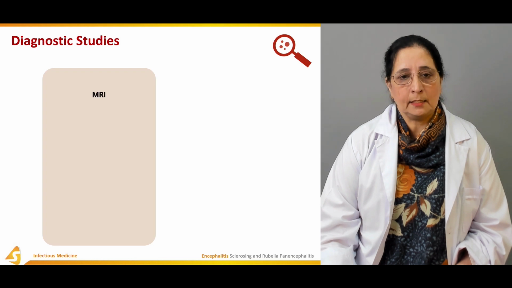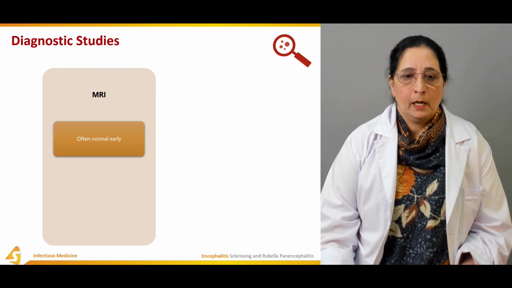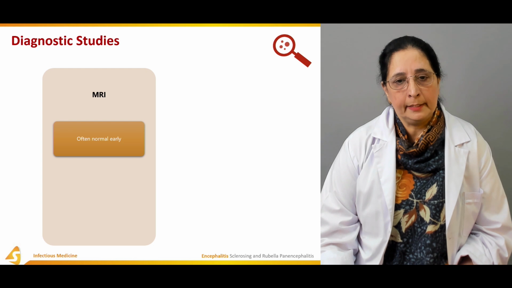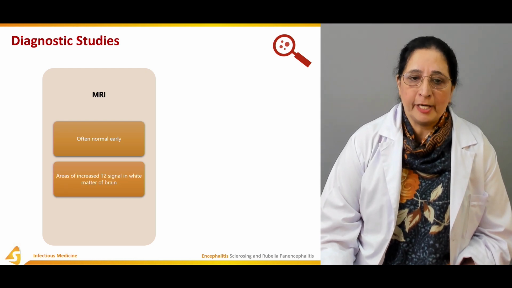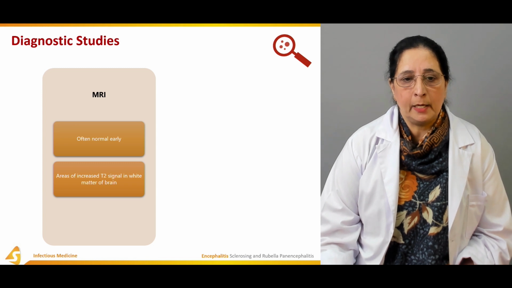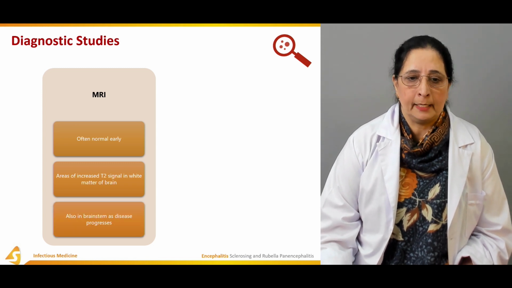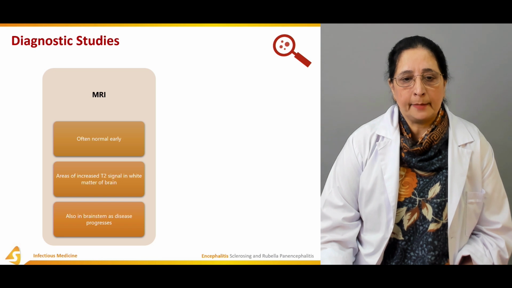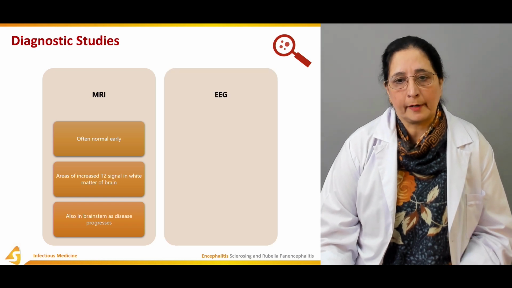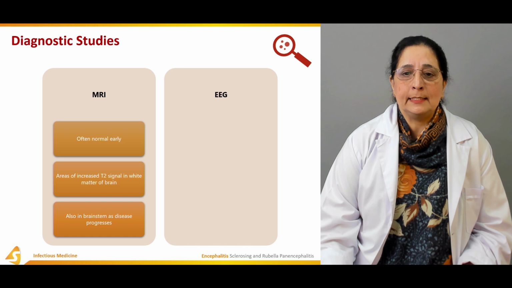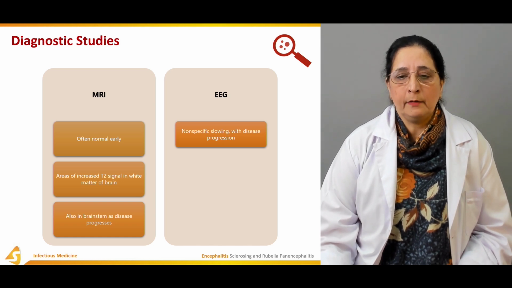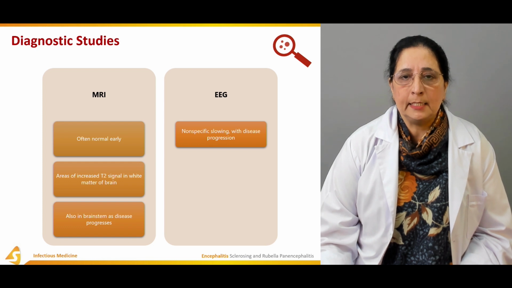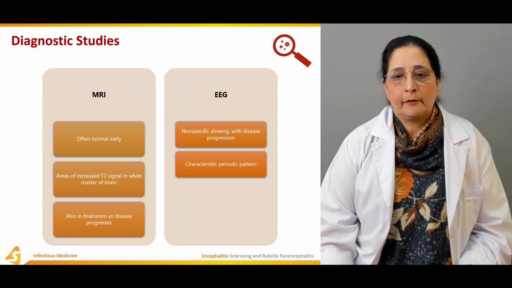Diagnostic studies are MRI, which is often normal in the early stage. Areas of increased T2 signal in white matter of brain, also in brainstem as disease progresses. Electroencephalogram, non-specific, slowing with the disease progression.